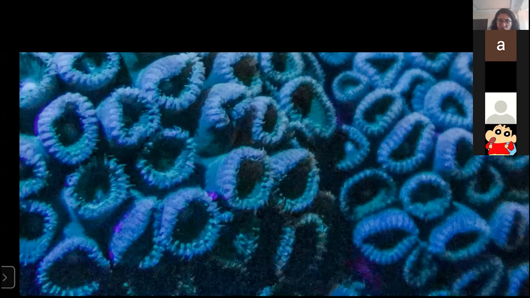So they are literally building skyscrapers inside the ocean and then living inside it. Now like any building, you need a lot of finances and manpower and energy to build a building, right? So the corals may not be able to get all the energy by just filter feeding. So what it does is it allows algae to live inside its body.